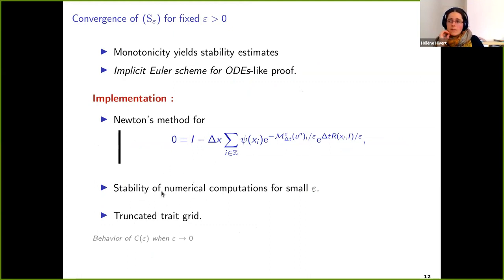Okay, if you implement it carefully, the numerical computations are stable for small epsilon, and in fact it also works on a truncated grid, because here I supposed that the grid was on R, the whole R, but not truncated. In practice, it's not possible at all. You don't have enough memory to put so many points in your computer, so you have to truncate.